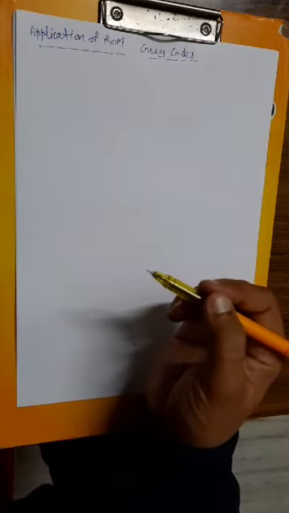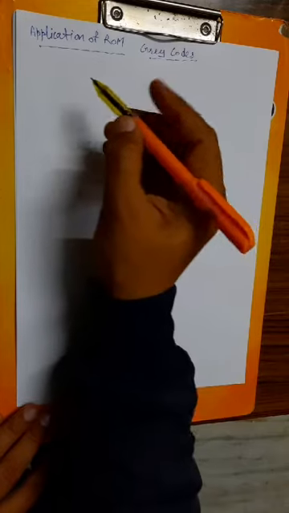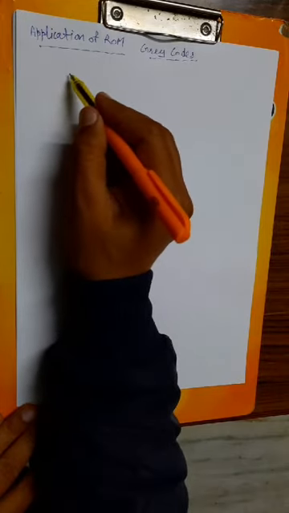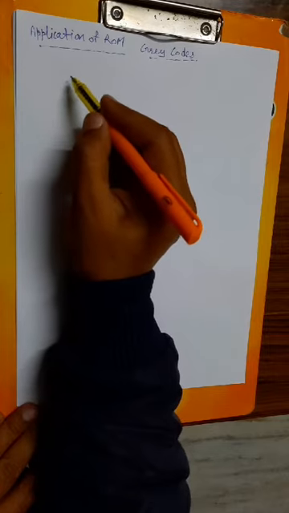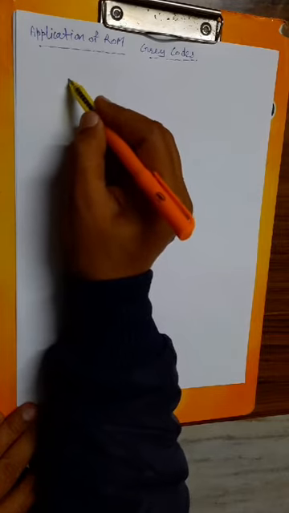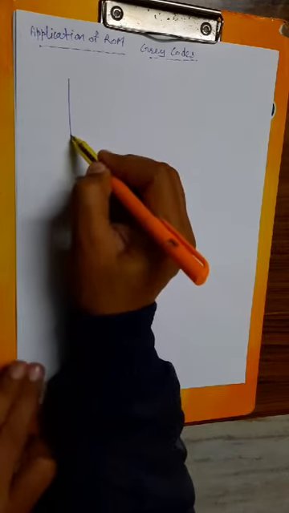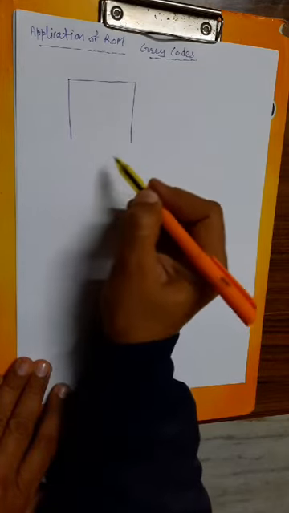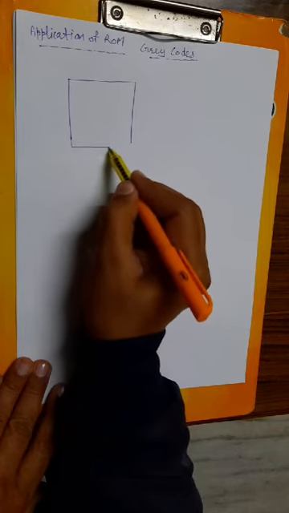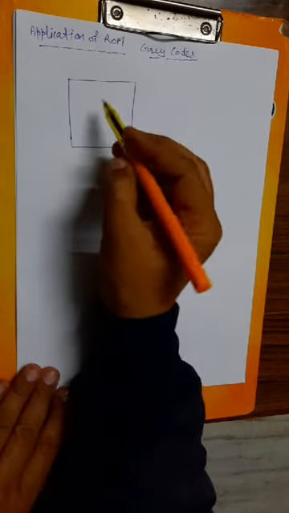How do we generate gray code? A very simple method of generating gray code is to just draw a K map.